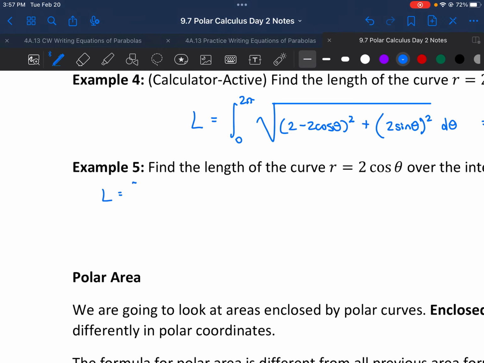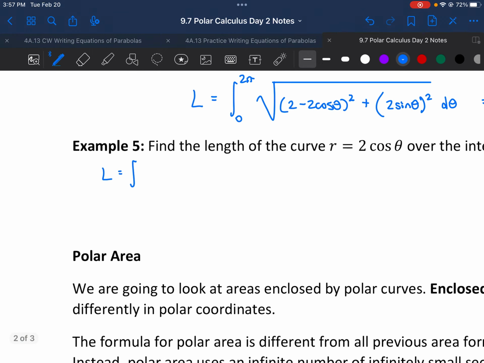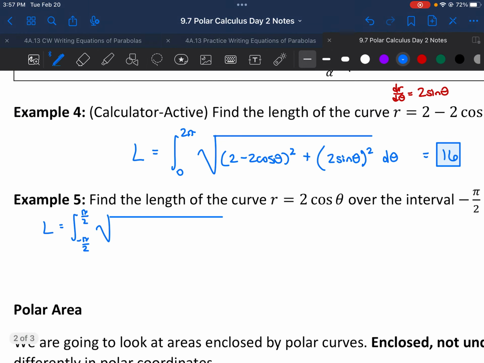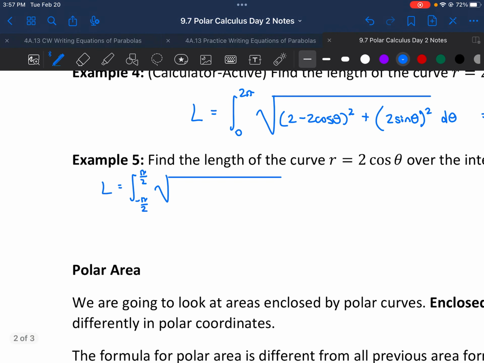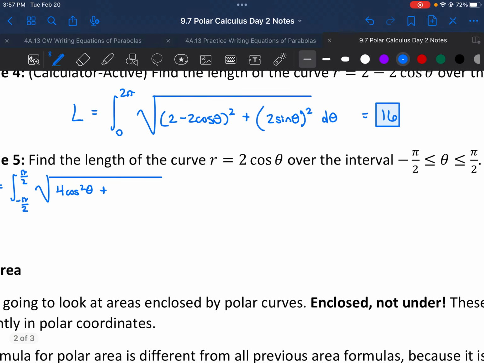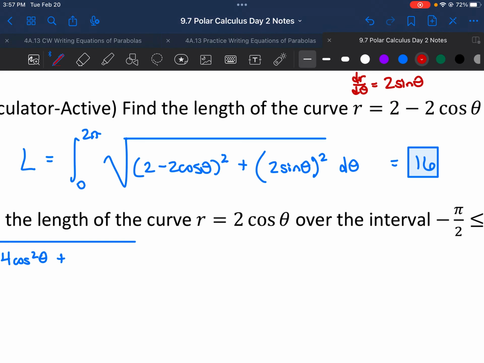L equals, the interval is negative π/2 to positive π/2, square root of r squared, so (2 cosine θ) squared, which would be 4 cosine squared θ, plus, let's go ahead and get our derivative, dr/dθ equals, well, the derivative of 2 cosine θ is going to be negative 2 sine θ.